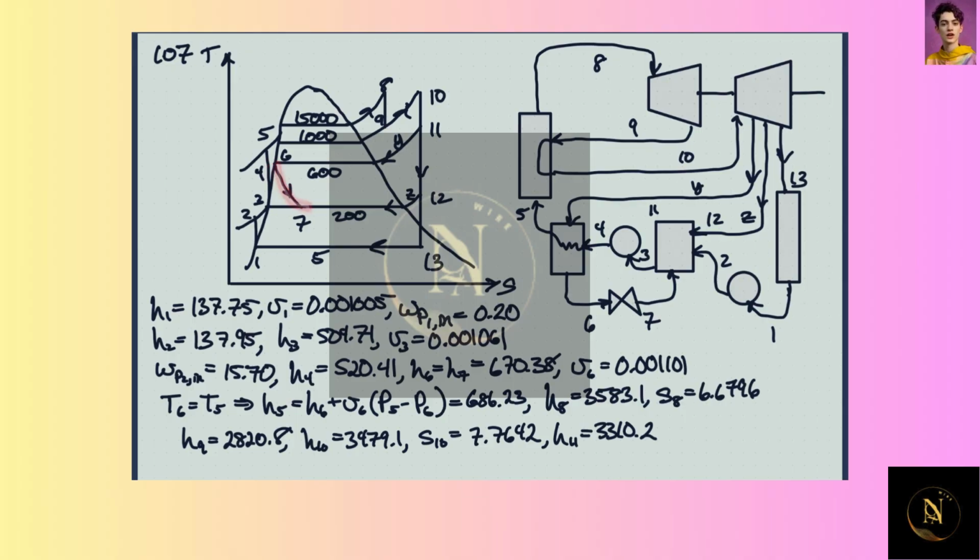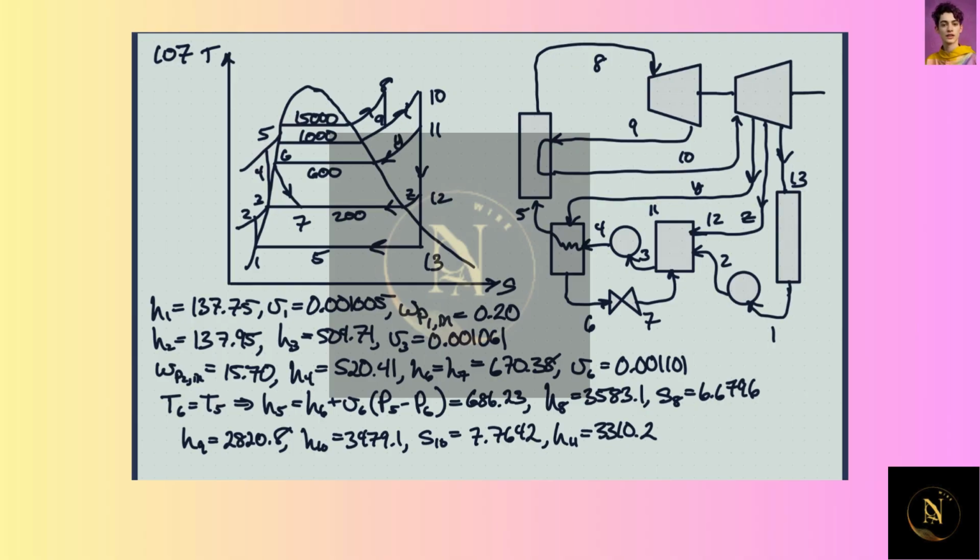This is from the expansion valve, going from this pressure down to this pressure, and then 7, 2, and 12 all meet up together and come out at 3, and a bit pumped up, and then to the boiler again, and so that is our cycle.